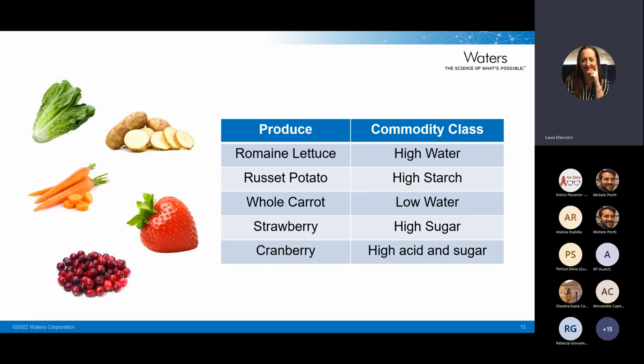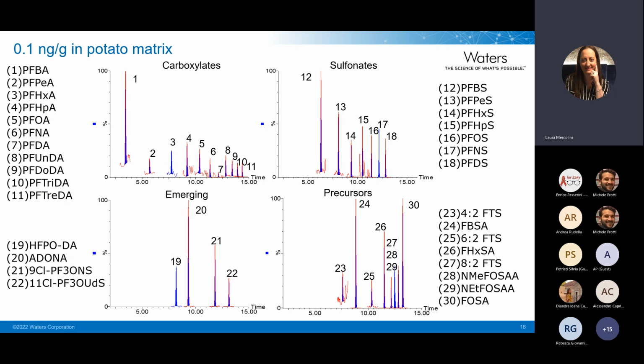By testing this kind of panel, we are sure that the method is robust for each kind of commodity. And so, as you can see, QuEChERS is very easy to use. It is very close to what we do in routine for pesticides.